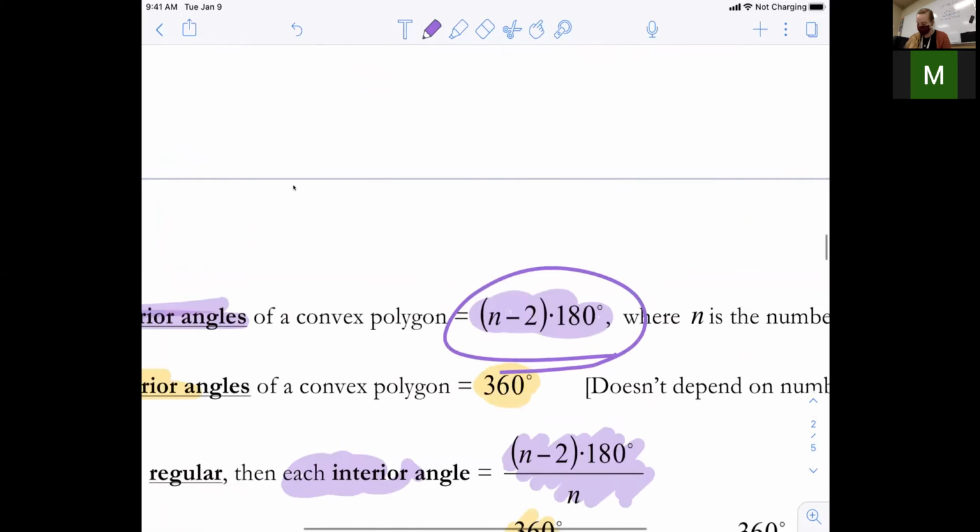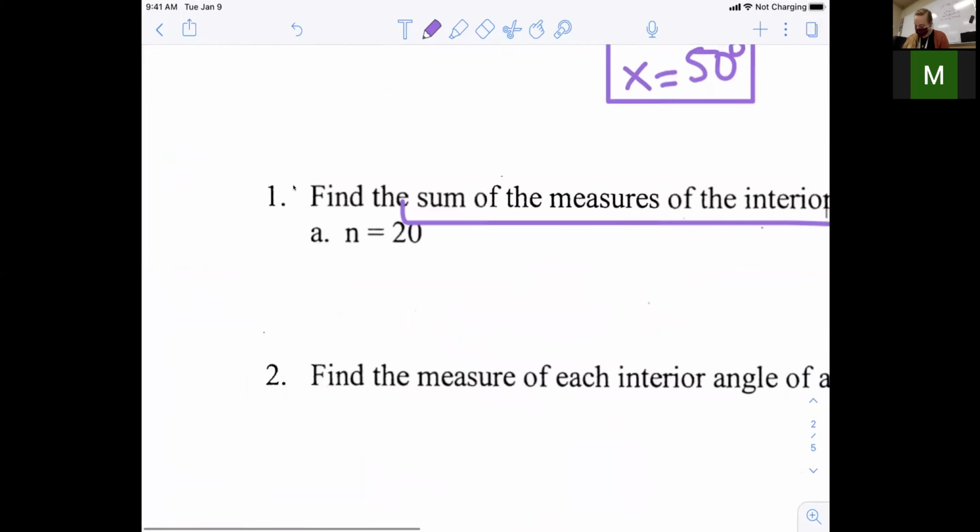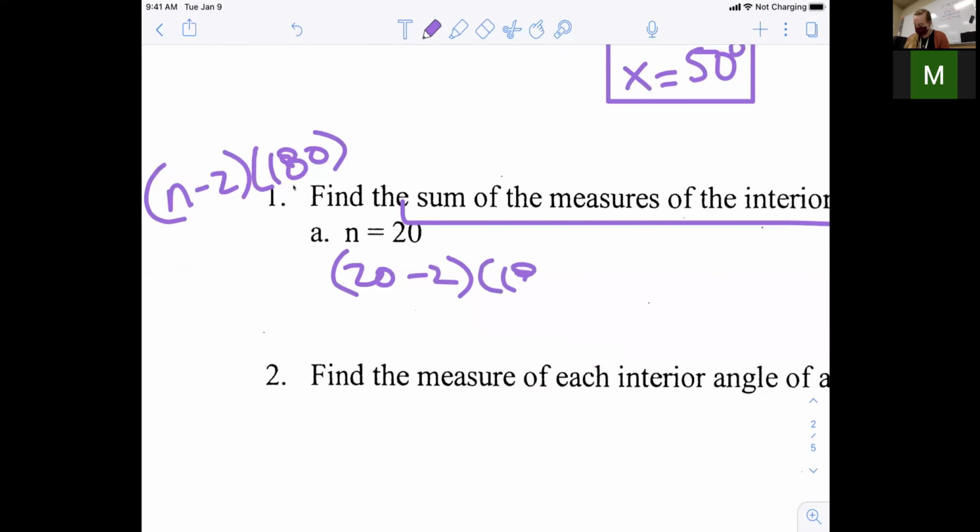So to find the sum of the interior angles, I have to do n minus 2 times 180 and solve. I'm going to do 20 for my n, so 20 minus 2 times 180. 20 minus 2, excuse me, is 18.